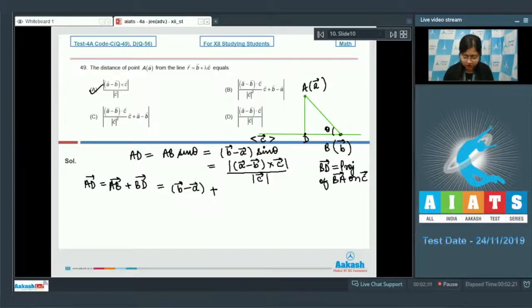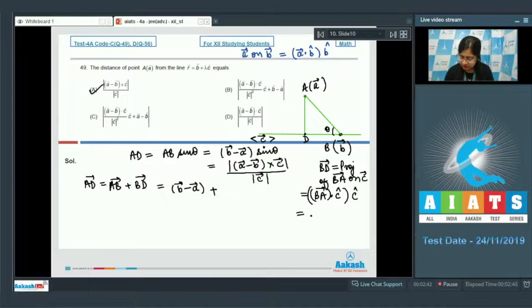Now we know that projection of vector A on vector B is equal to A vector dot B cap into B cap. This is the projection. So here it will be equal to BA vector dot C cap into C cap, right?